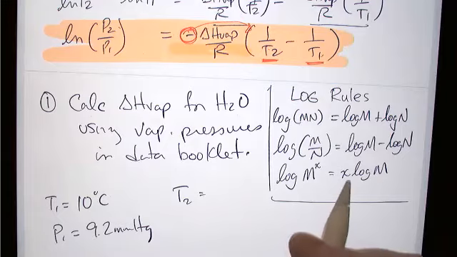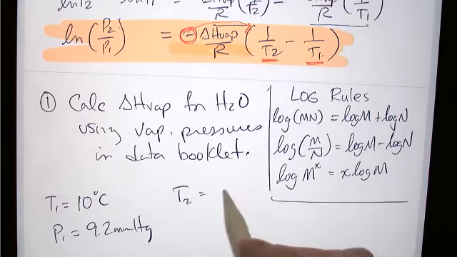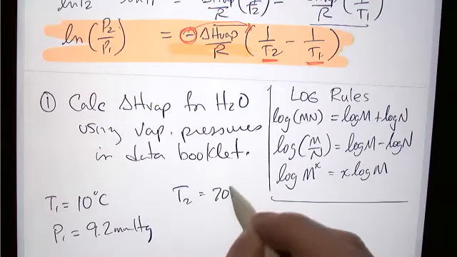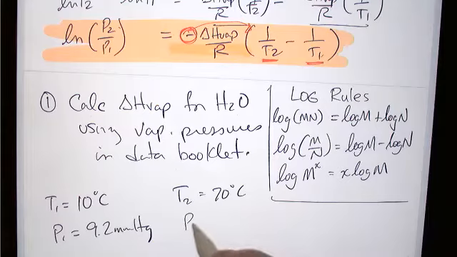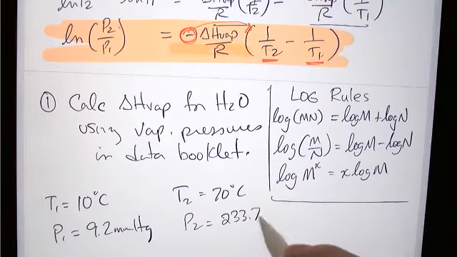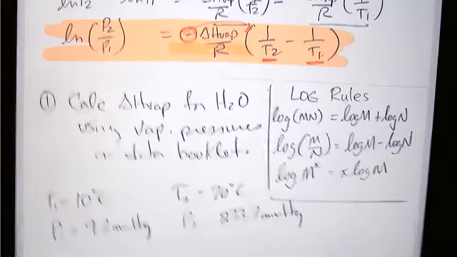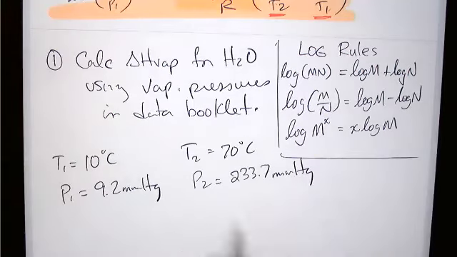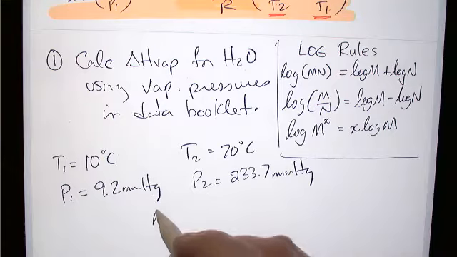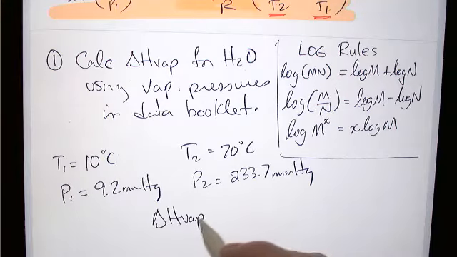I'll use 70 degrees Celsius. And my P2 is going to be 233.7. Please don't just use the same as me. Use different values. So based on these 2 points, we want to know what delta H VAP is.